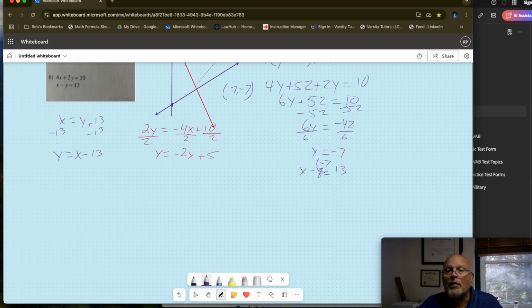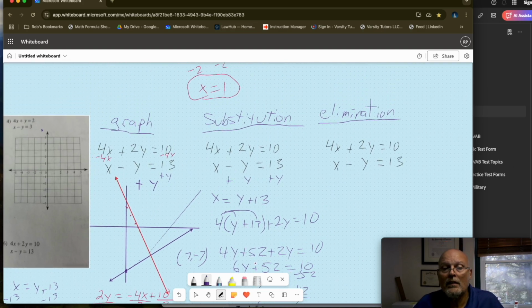And so I end up with x minus negative 7 equals 13, which means x plus 7 equals 13. x equals 6. So I was close, you can see. But my solution here will then be 6 comma negative 7. Okay?